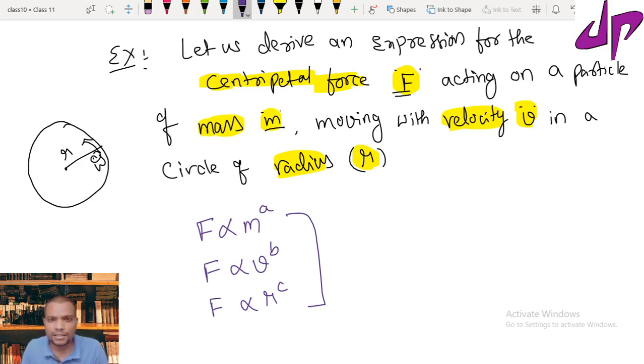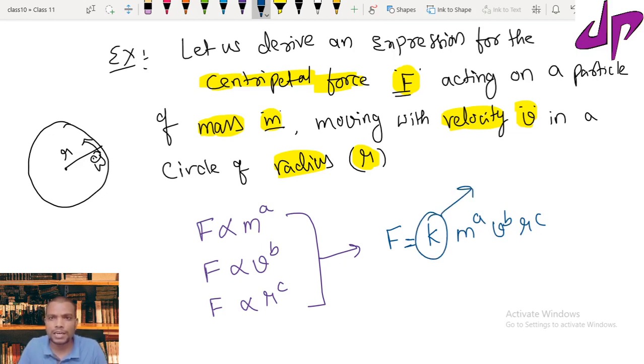So if I write this expression all together by introducing the proportionality constant, therefore F equal to k times m power a, v power b, and r power c. So here k is the proportionality constant.